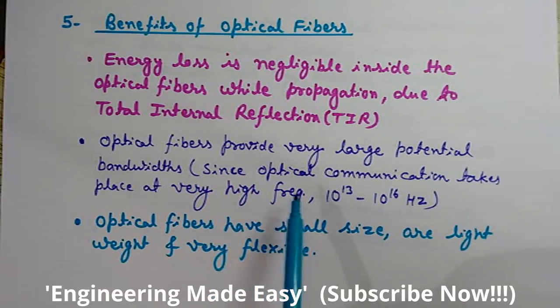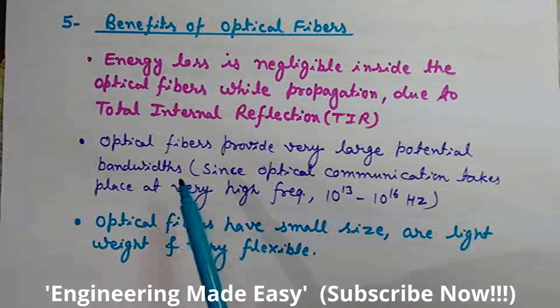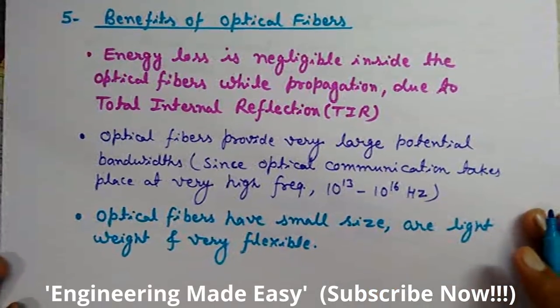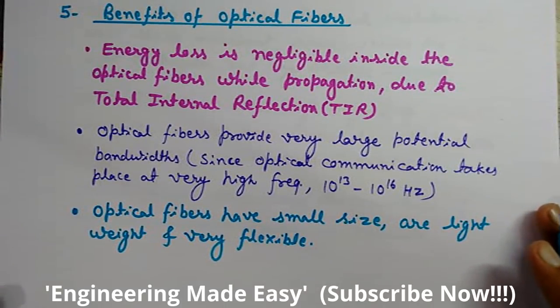It means the higher the frequency range, the higher the bandwidth. Since optical communication takes place in this high range, it can provide higher bandwidths. Higher bandwidths mean large data carrying capacity.